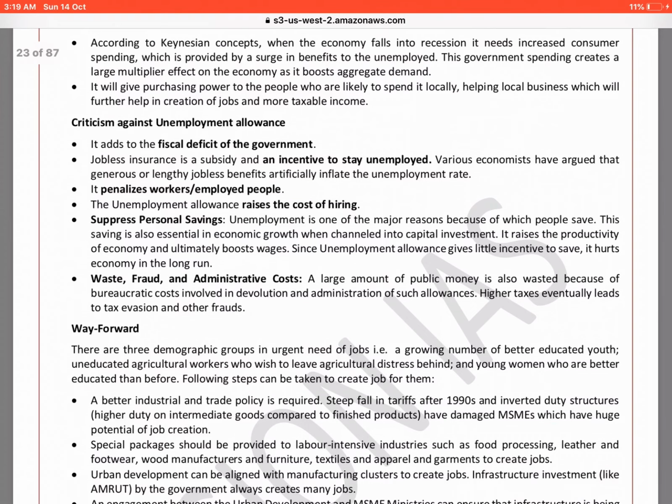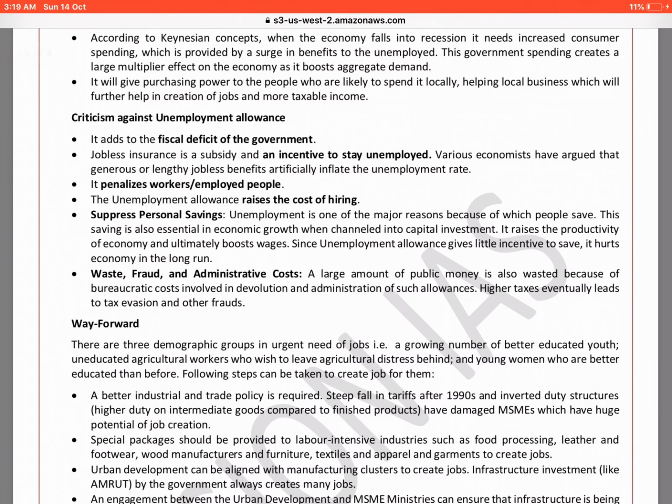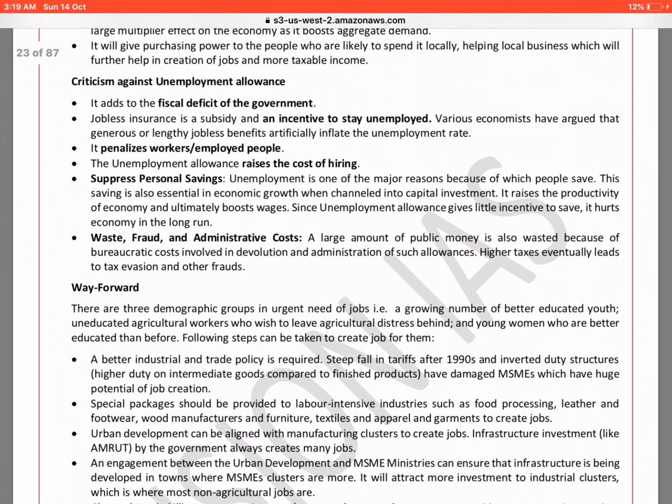So if universal basic income has to be given, it definitely has some pros, and it definitely has some criticism or weak points also. Because if the government starts giving people universal basic income, since it was earlier said that 65% of our population is under 35 years of age, and the government starts spending on such a huge population, think about the fiscal deficit which the government will be heaping upon itself.